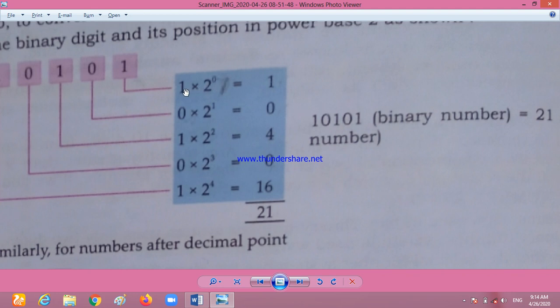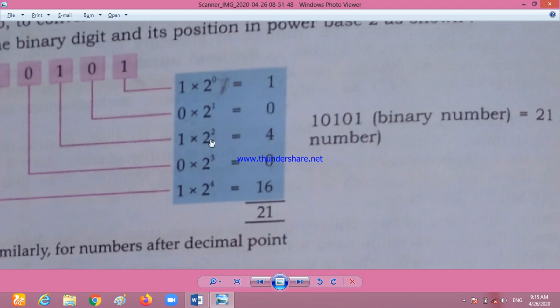Then anything multiplied by 1, that is 1 multiplied by 1, is 1. Any number which has the power of 1, the number stays the same, there is no change. Then 2 power 1 is 2. 2 multiplied by 0, when anything is multiplied by 0, we have 0.